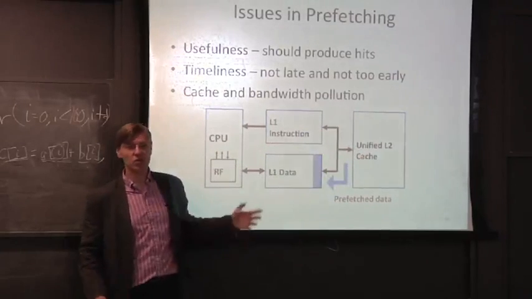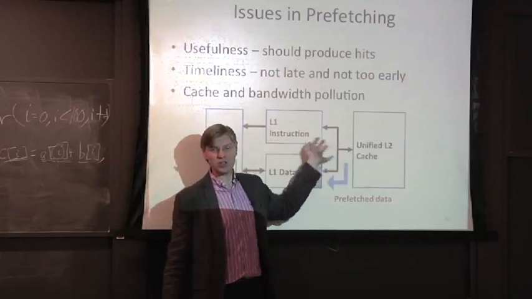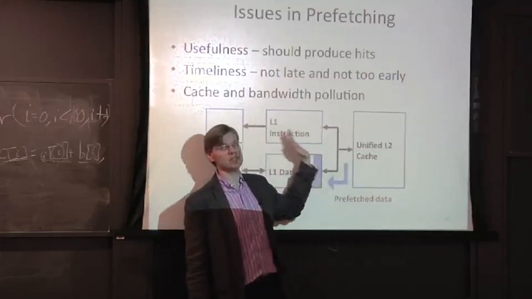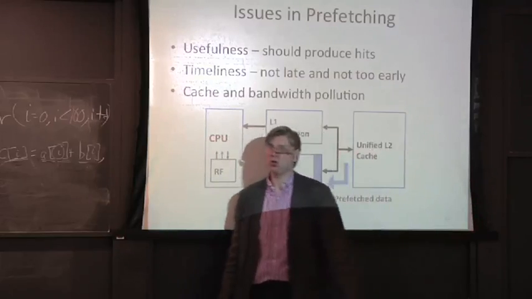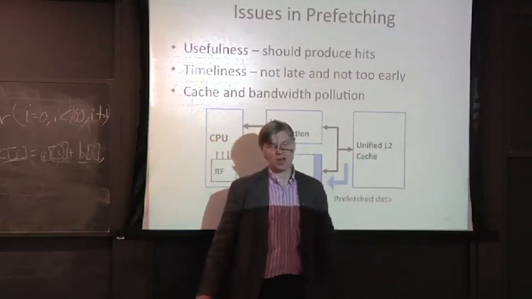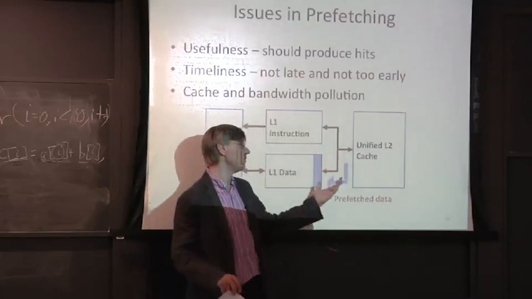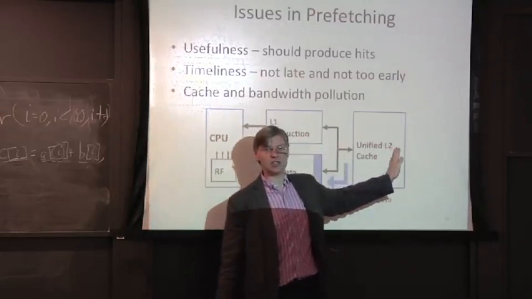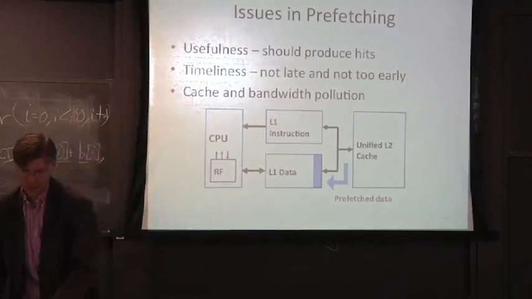This bandwidth is relatively inexpensive from your level 1 to your level 2 because it's an on-chip bus, it's directly connected, you can make it relatively large. Coming out of the level 2 cache, though, or going out of, let's say, the last level cache out to main memory, that's usually expensive bandwidth. So sometimes people come up with prefetchers that only prefetch from a level 2 cache to level 1 cache, but if it's not in the level 2 cache, the prefetch just gets dropped. So that's a pretty common strategy here.